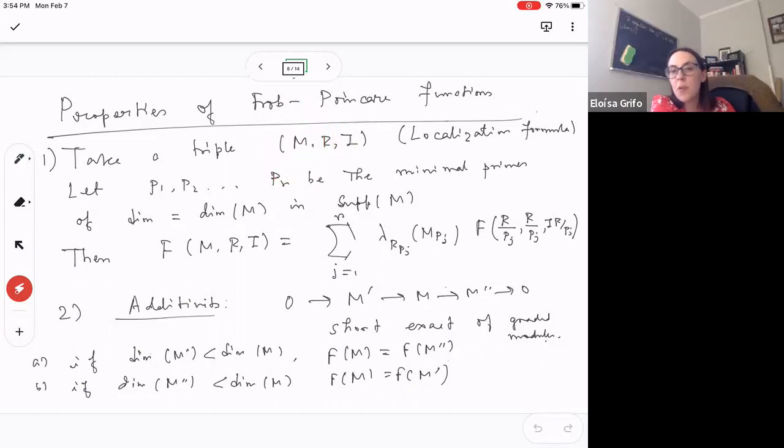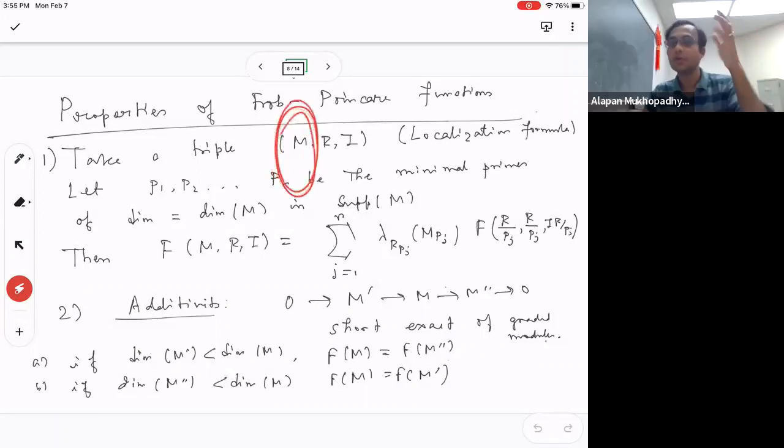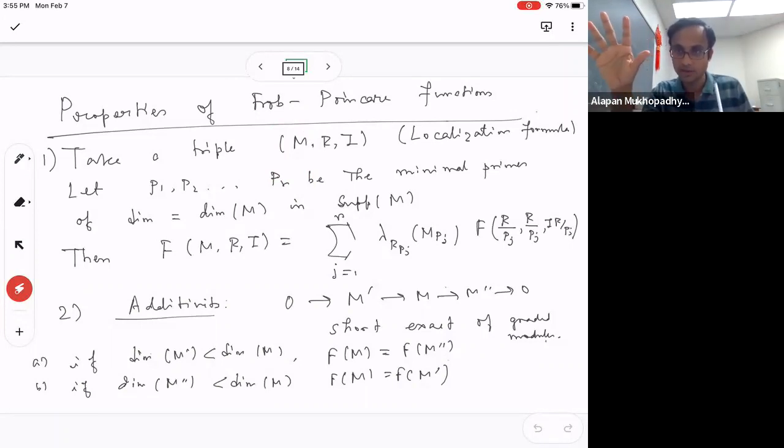But I'm thinking of the module maybe being R mod I. Otherwise I don't know how to replace the module. Oh, but I guess you could keep the module fixed and just change the ideal you're doing this with respect to. But no, it's the primes of the ideal that you're thinking about. So I'm thinking of the module being like R mod J. Yeah, so if you take R mod J, then only the primes of minimal height will matter in this case.